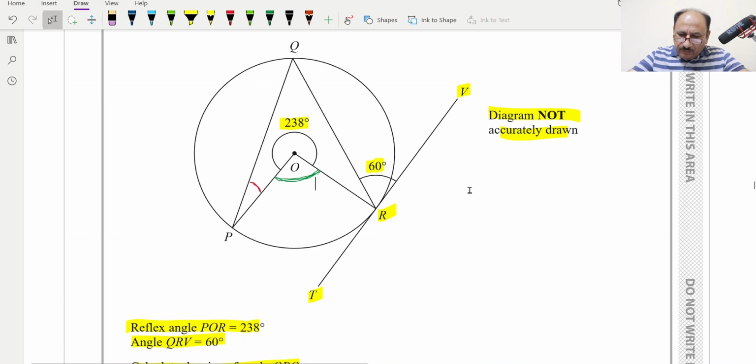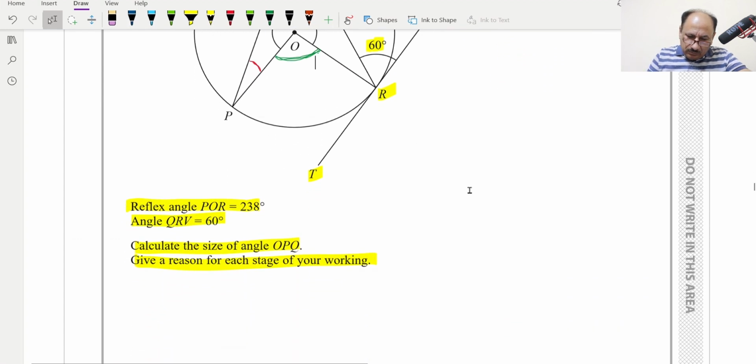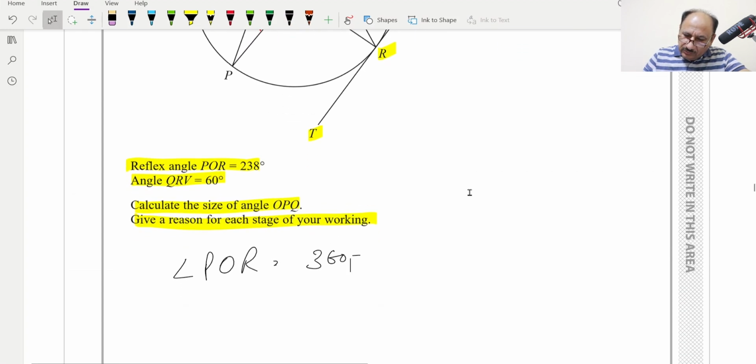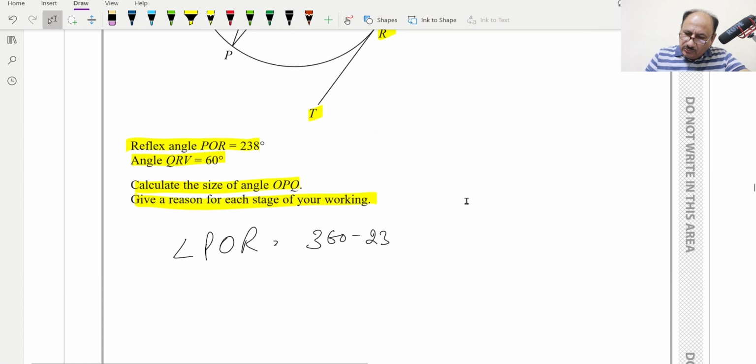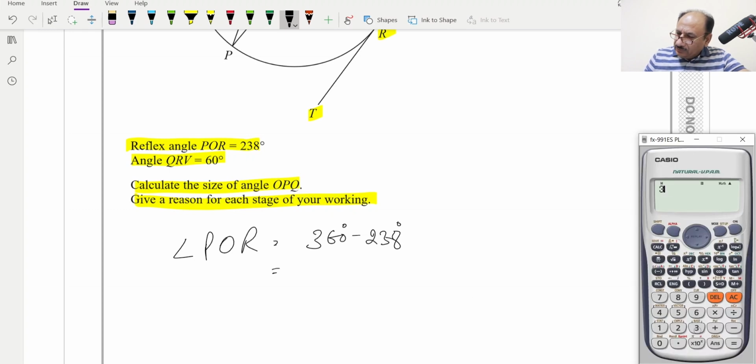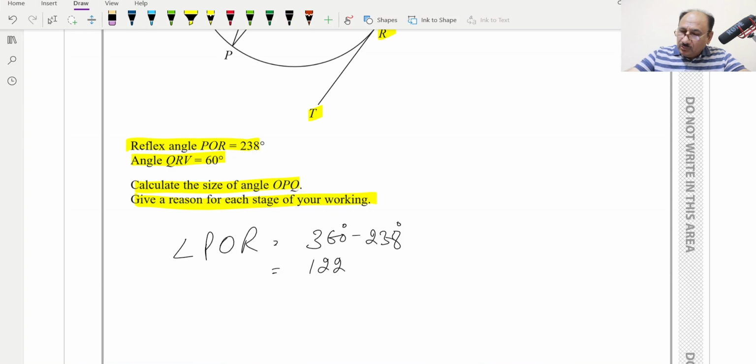So we can write angle POR is equal to 360 minus 238 degrees, and this will be equal to 360 minus 238, which is 122.